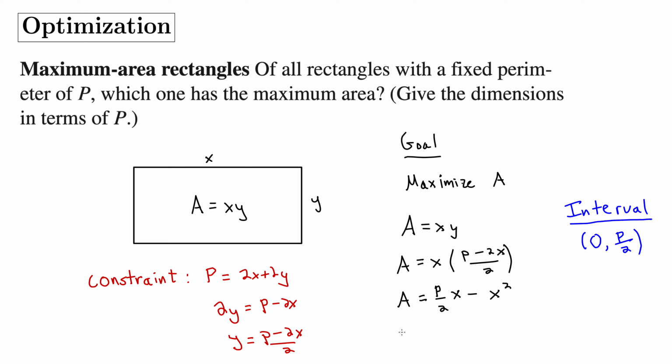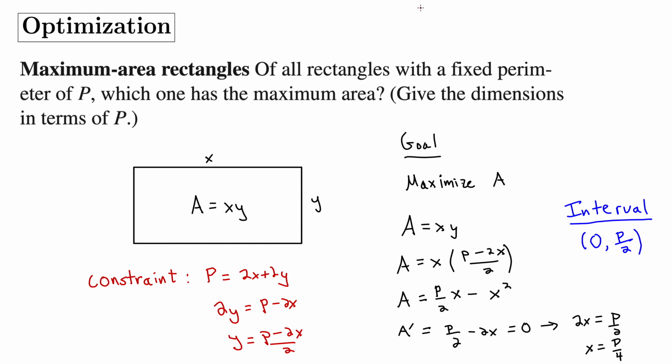Now we're ready for our derivative. Take the derivative, set it equal to 0, find the maximum. Okay, p over 2 minus 2x, which we can quickly set equal to 0. Well, that gives 2x equals p over 2, or x equals p over 4.